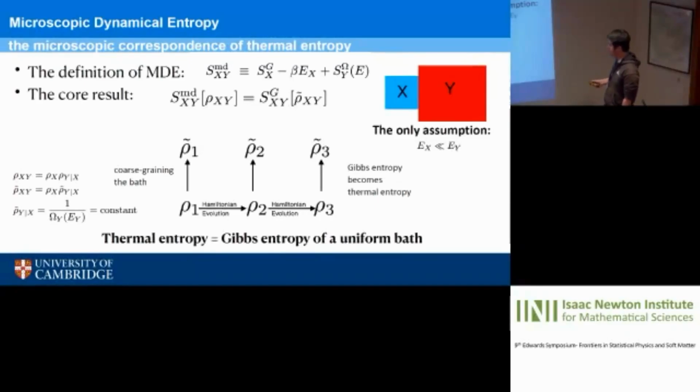We say that if you throw away the internal information in the bath system, then the Gibbs entropy becomes thermal entropy. So the so-called total entropy in classical thermodynamics or stochastic thermodynamics is actually the entropy change inside the bath system. Very roughly speaking, thermal entropy equals Gibbs entropy of a uniform bath.